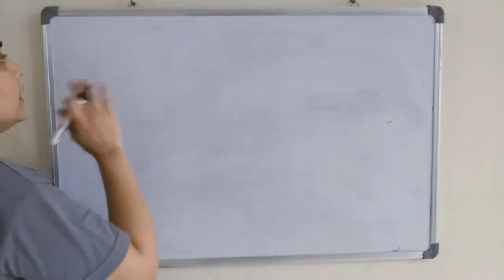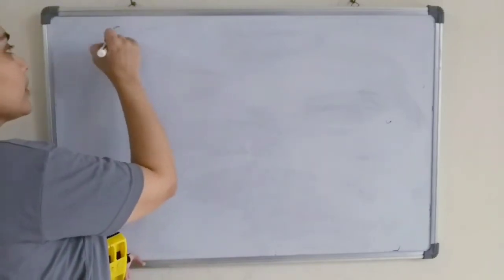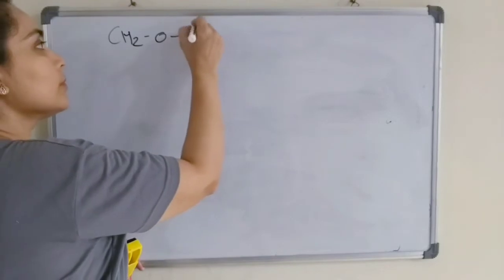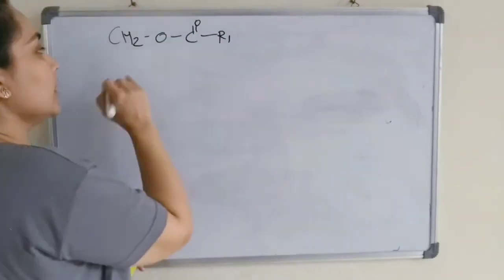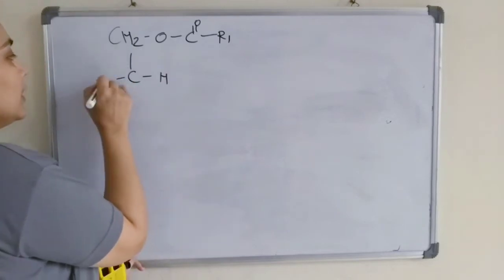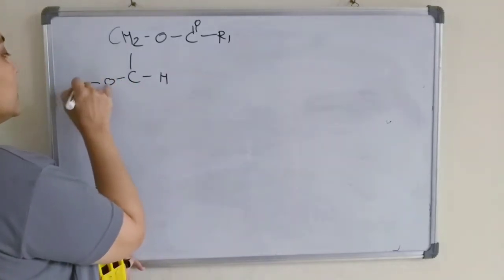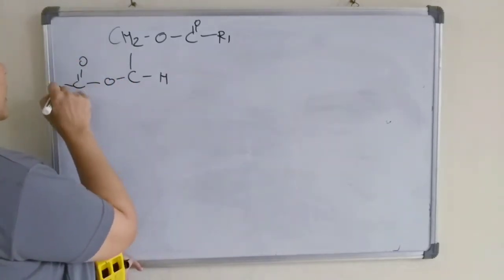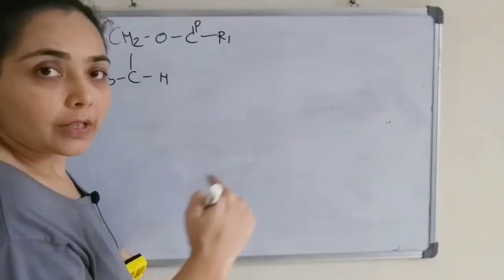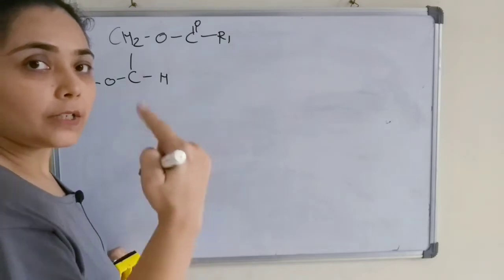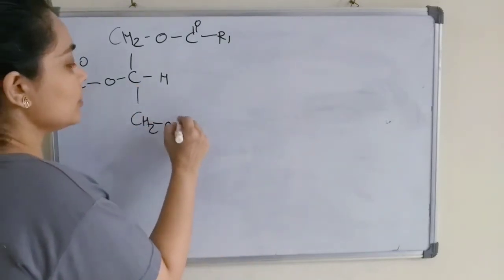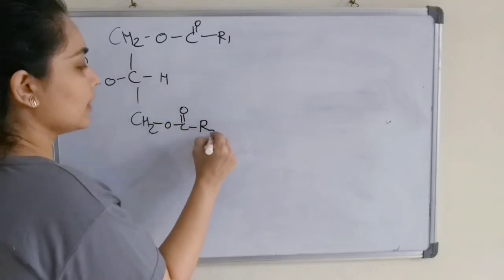Lipolysis starts with the triacylglycerol. Three fatty acids are attached to it: CH2O, C double bond O, R1; CHO, C double bond O, R2; and CH2O, C double bond O, R3.